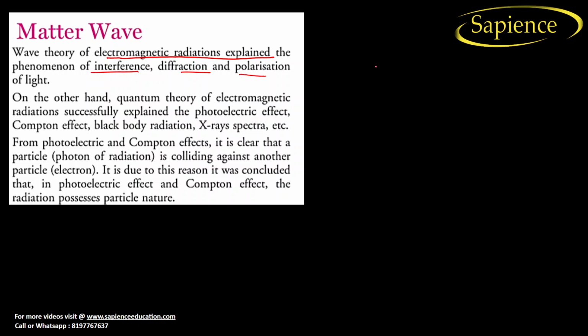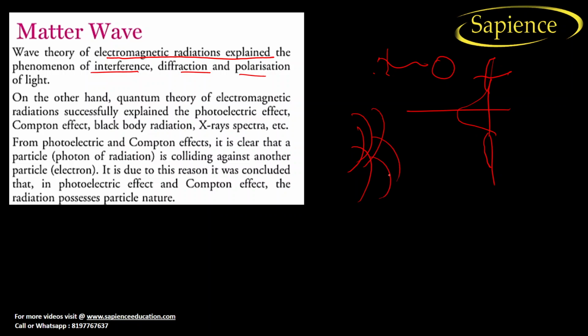In earlier classes we considered light as a wave, and from this light wave we arrived at conclusions about the interference and diffraction patterns. We have seen the diffraction pattern like this, and also the interference pattern like this, and the polarization of light.